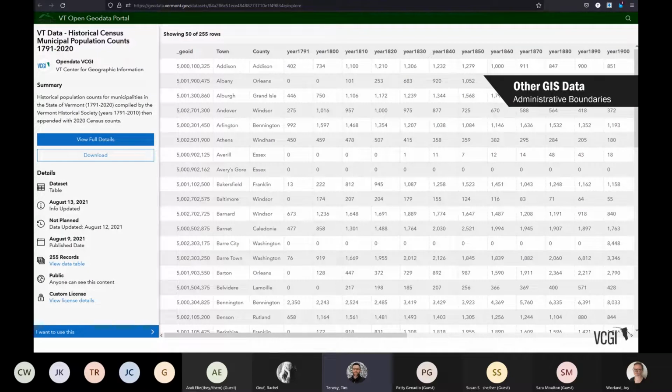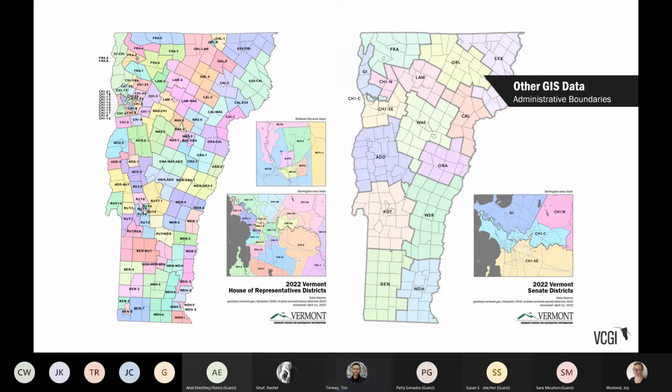Looking at the historical census town by town from 1791 to 2020. This is just an example of data key to the administrative unit of the town or the Vermont municipality that perhaps would have been really hard to research or find out at one point, but they are now readily and easily available. So just a great example of administrative boundaries and the resources along those lines.